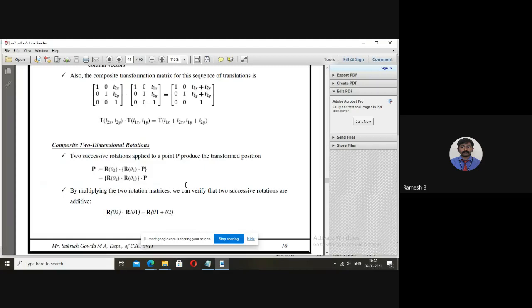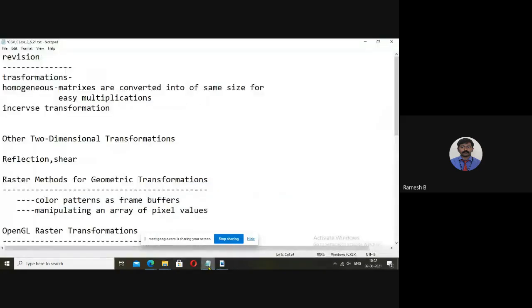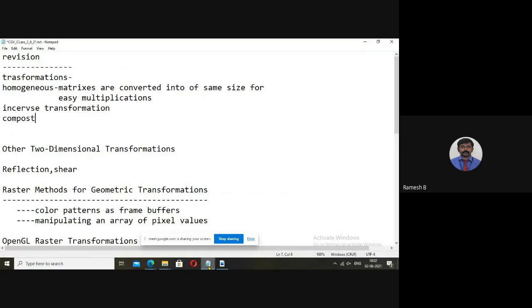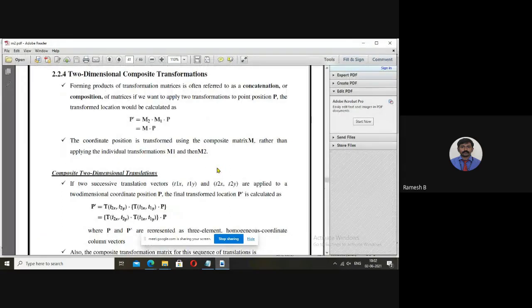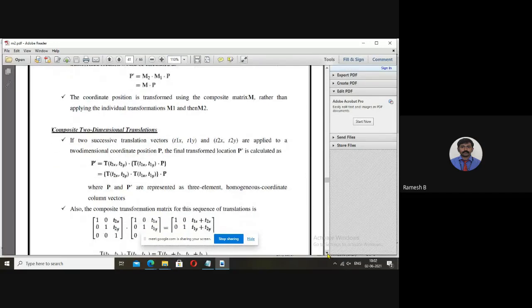Similarly, I told you about composite transformations, where it may be translation, rotation, and one more scaling, or rotation, translation. Like this, we may do multiple composite transformations. I told you those things in the last class.